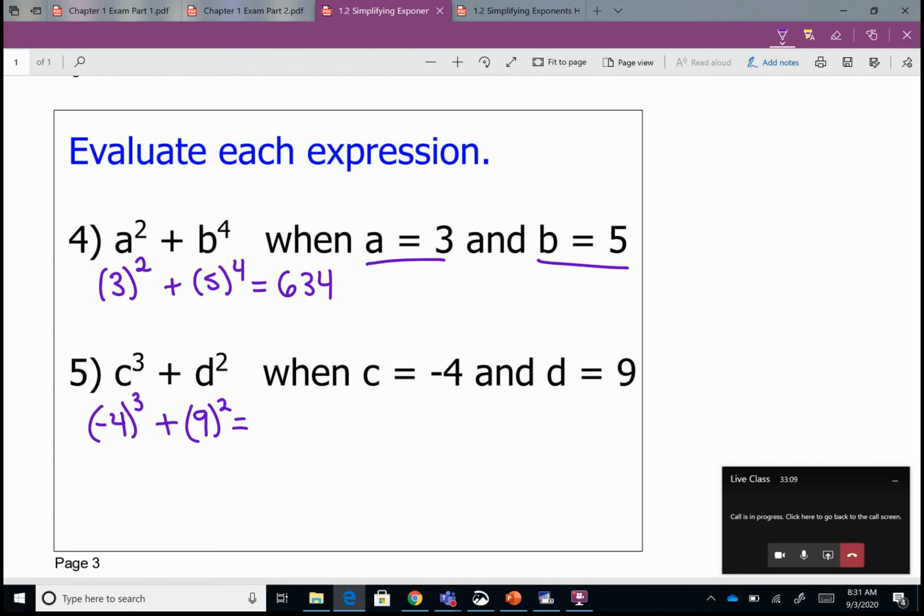Colin, what'd you come up with? 17. If you didn't come up with 17, guys, be very careful. Make sure that you did put a negative for your 4. I saw a couple different answers as I walked around, and not putting a negative with that 4 can throw it off big time for you. Okay?